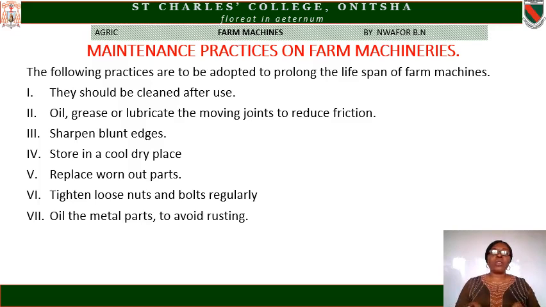These joints should be lubricated or greased or oiled, that is applying oil to them, and that will help to reduce friction. Number three, sharpen blunt edges of the machine. Number four, store in a cool, dry place. Store the machines in a cool, dry place, not outside where they'll be beaten by rain.